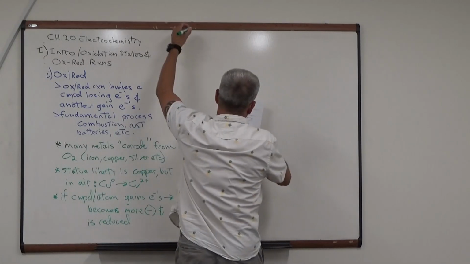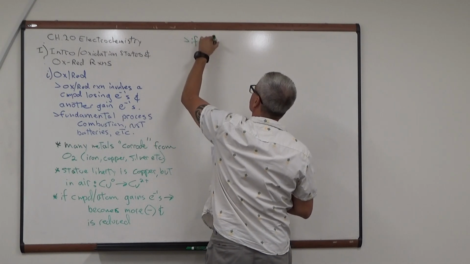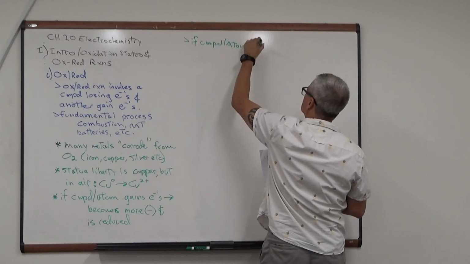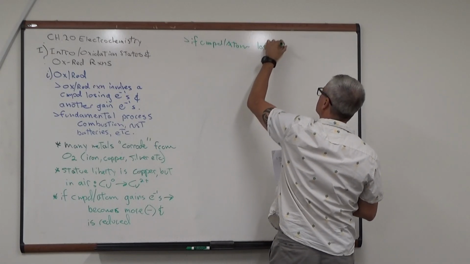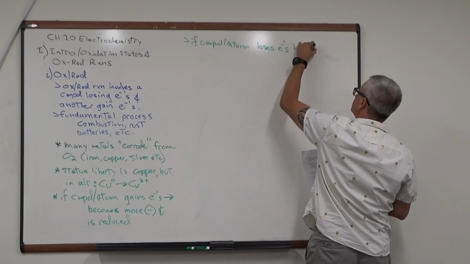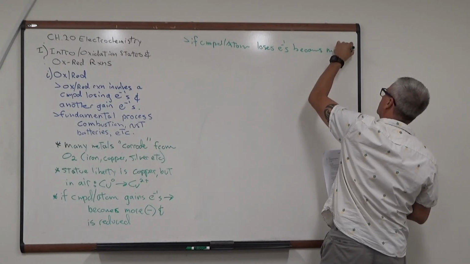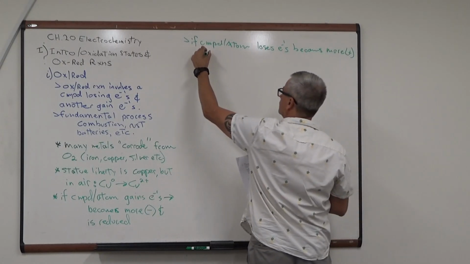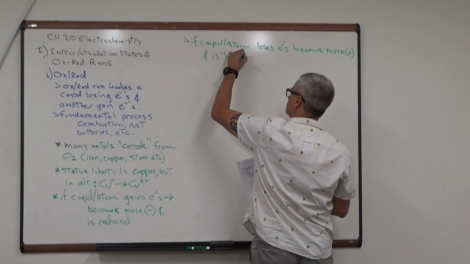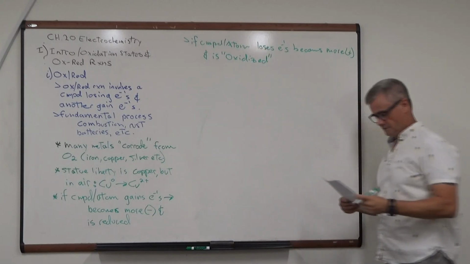When a compound or atom loses electrons, it becomes more positive, and is oxidized.